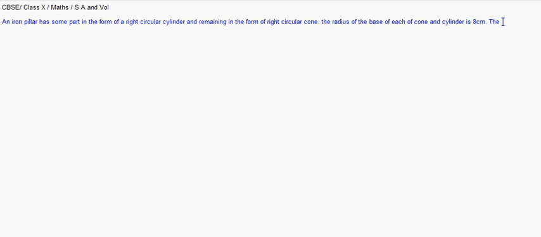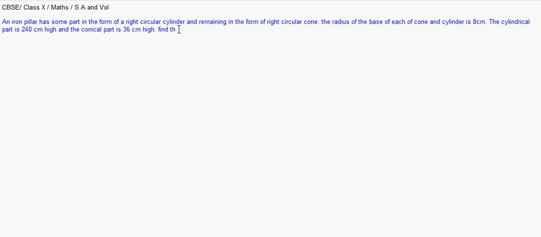The cylindrical part is 240 centimeter high, and the conical part is 36 centimeter high.